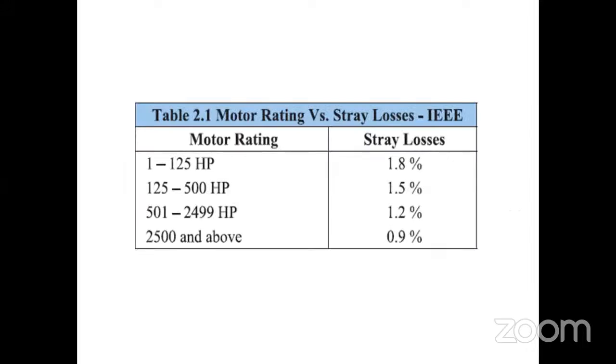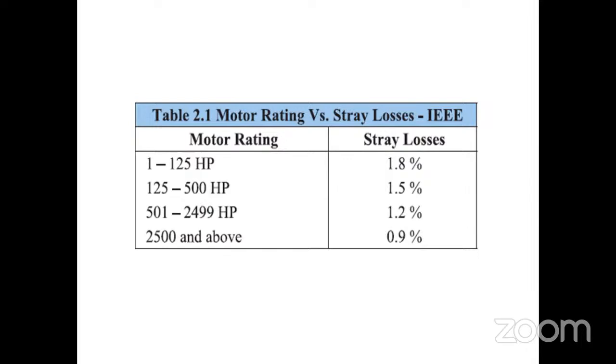So the stray losses, we are taking it for granted. We cannot measure it, sir. We measure it indirectly only. For the lower HP motors, the stray losses will be higher. With increase in capacity, the stray losses gradually reduce.